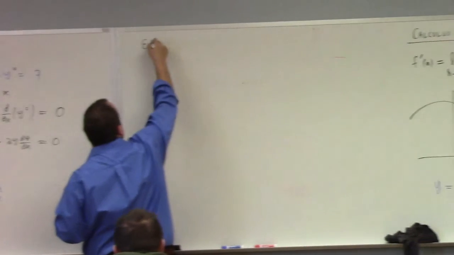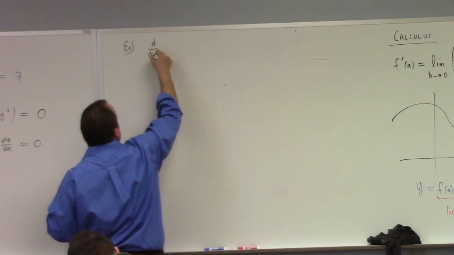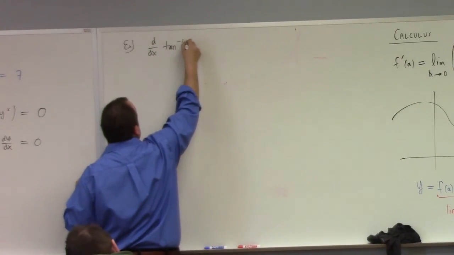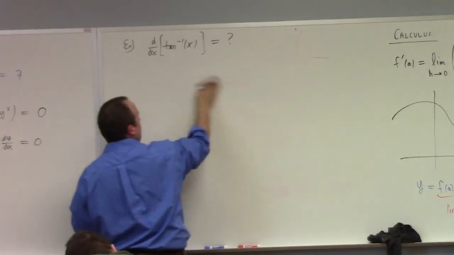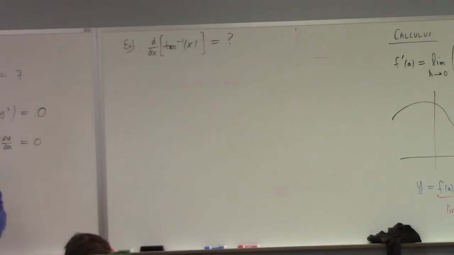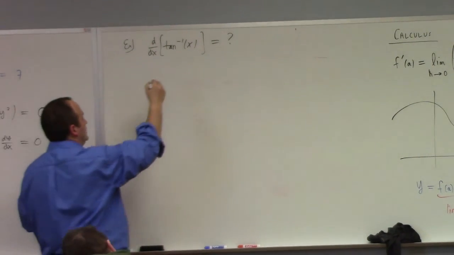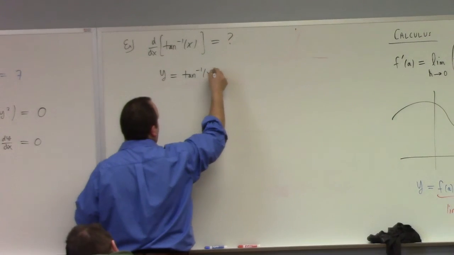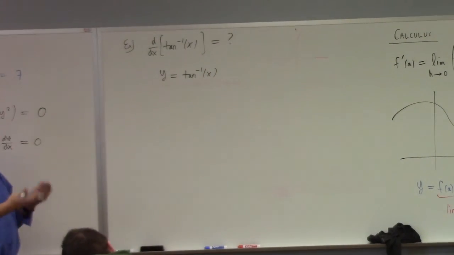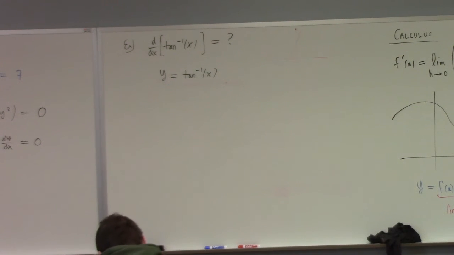So if I want to find the derivative of inverse tangent, and this will be it for today, let me remind you how we do this, just in case you forgot. This is y equals inverse tangent of x. So I give a name to what I'm trying to differentiate, and then I take the tangent of both sides.